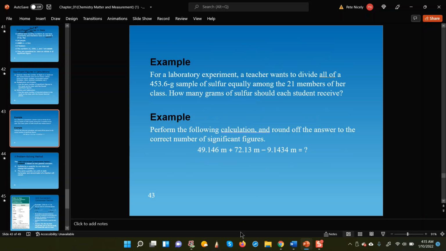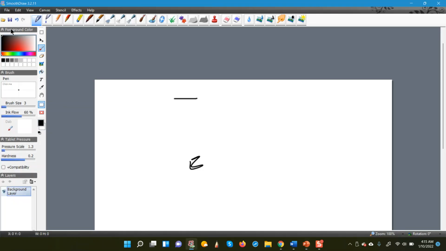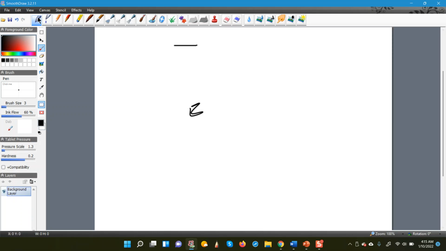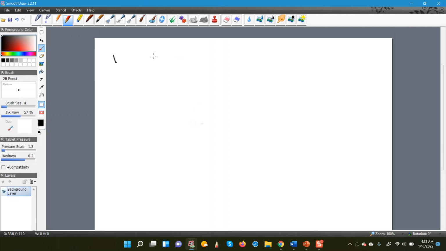So let me get out of this here and let me open up this writing. The last time I did this, it didn't work. Let's see if it will work this time. Let me erase these markings here, and let me go to my pen function. Okay, let me see if this would work. Okay, it's not working. All right, so sorry about that, folks.